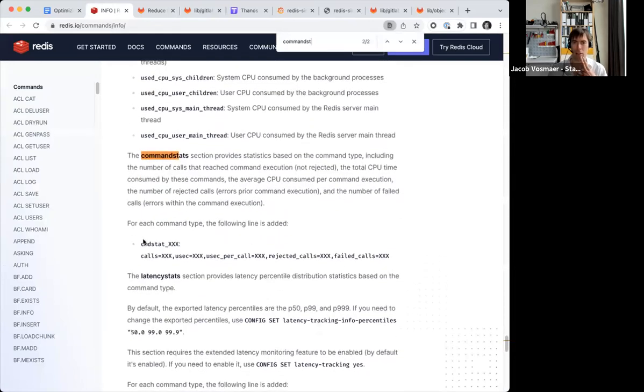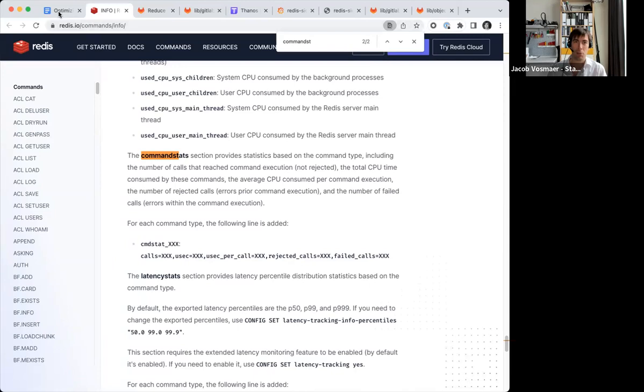It's very simple. For each command that it's observed, it says how many calls there have been, how much total time has been spent in there, and a couple of other things that are not so useful in our experience. These metrics are there, and they're cheap because Redis has them anyway.